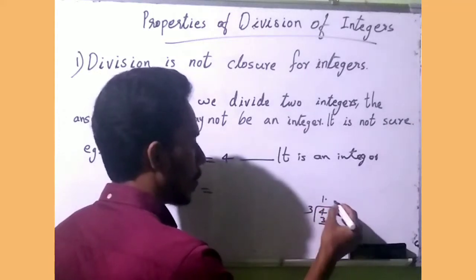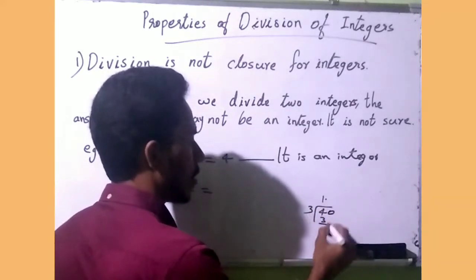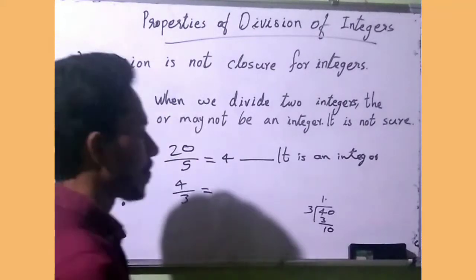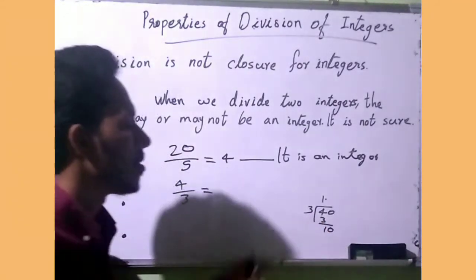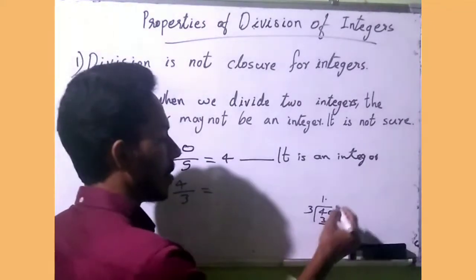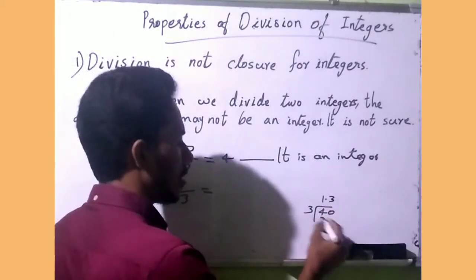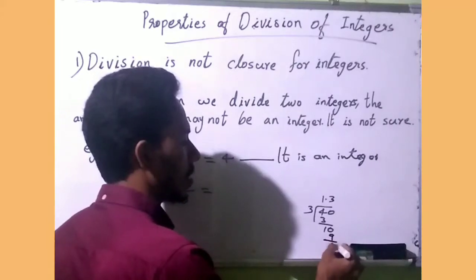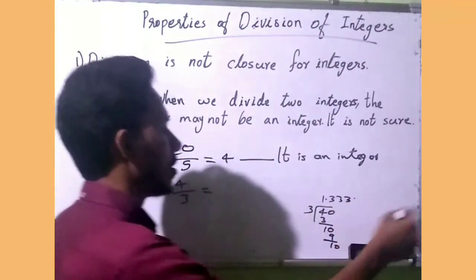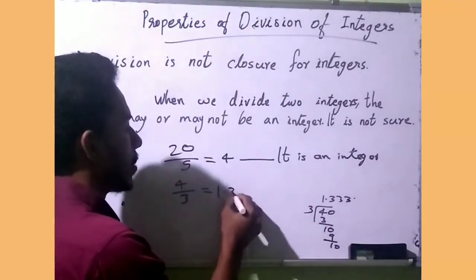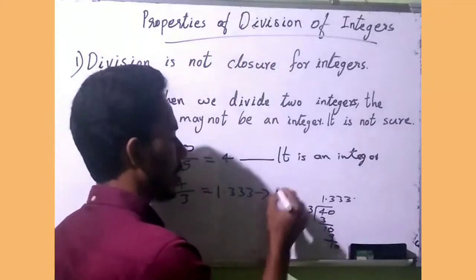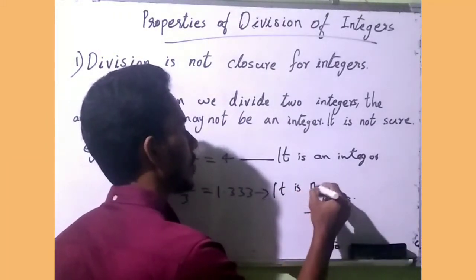Then add a point and add 0 here, and then it is 10. How many 3s are there in 10? 3, and 3 times 3 is 9. Then it continues. That means the answer is 1.3333, etc. Answer is 1.33. It is not an integer.